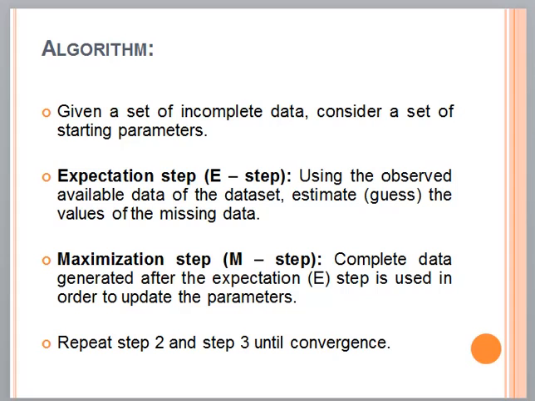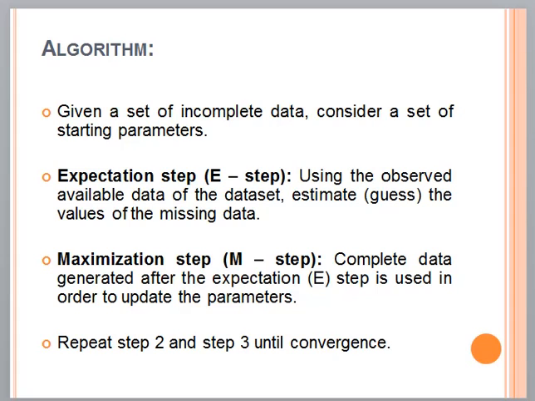One is the expectation step or the E step, and the other is the maximization step or the M step. So the E step uses the observed available data of the data set and estimates the values of the missing data. Depending upon the available observed data, it basically makes a guess for the missing values of the data.